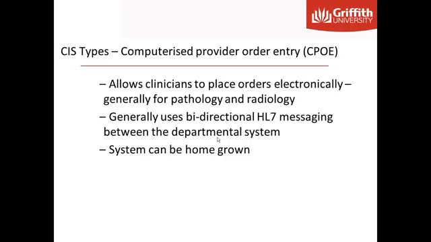So it is an example of a clinical information system. Some of these systems can be homegrown, and some of them can be purchased from vendors. And of course, what we discussed yesterday, in a general sense, we can use HL7, which is a standard for messaging, to move messages between these different departments.